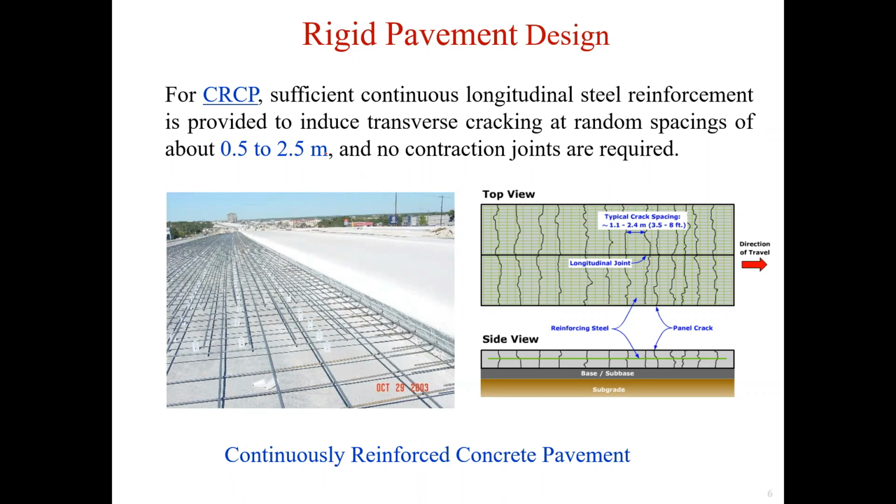The left figure is the side view, and the right figures are the top and side view. The transverse reinforcement is provided to support the longitudinal steel. Transverse steel also provides insurance in the event of unplanned longitudinal cracking.